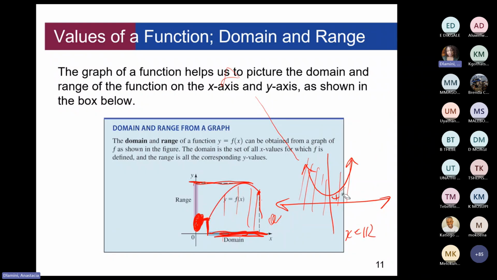For the range, the y values start at 4 and go up to infinity, so y is greater than or equal to 4. Do you see that maths is continuous? What we did, we still continue doing.